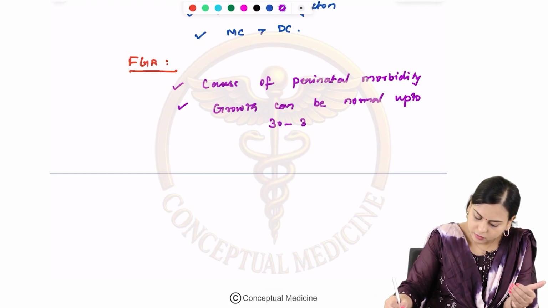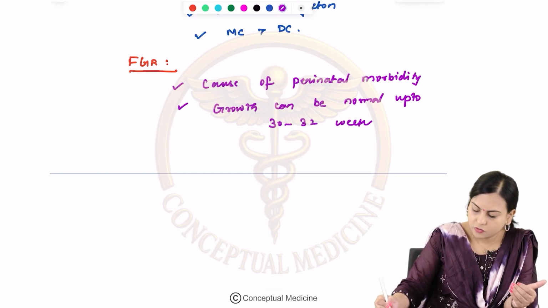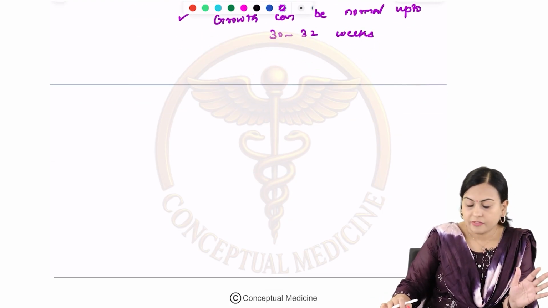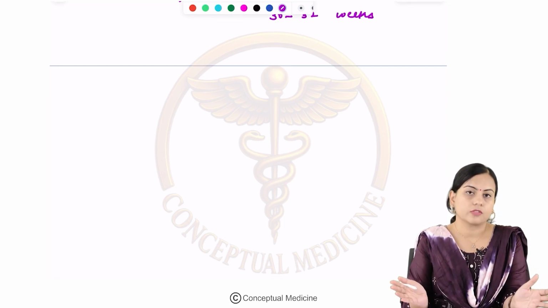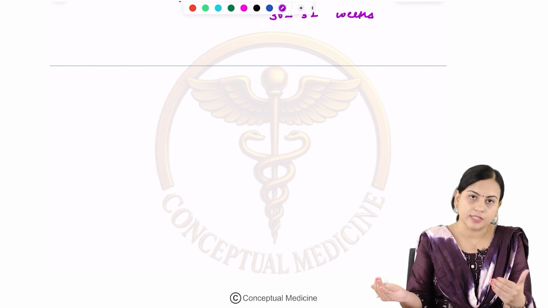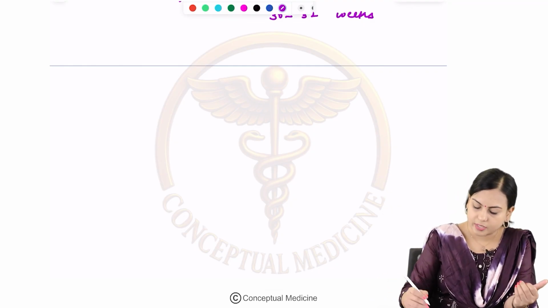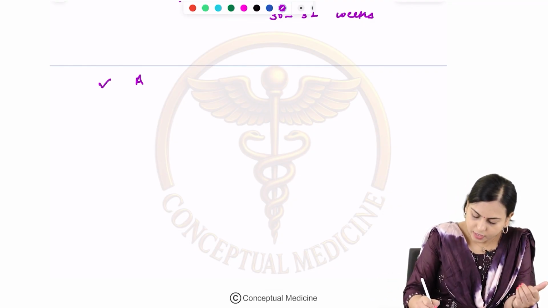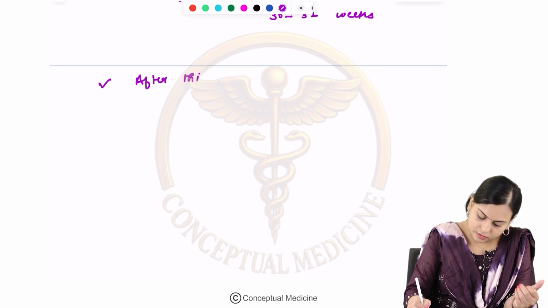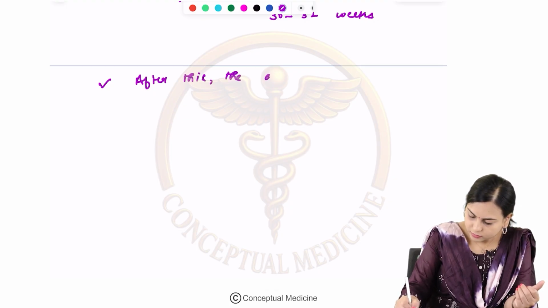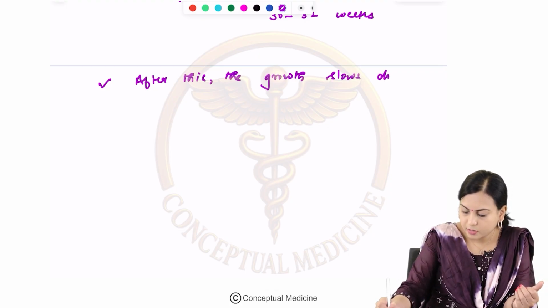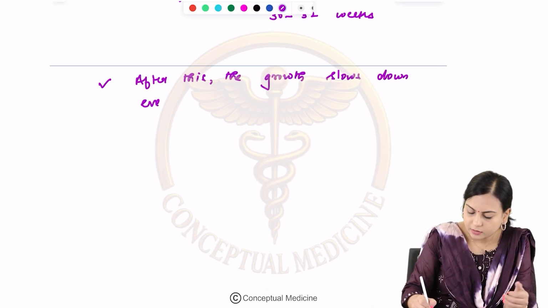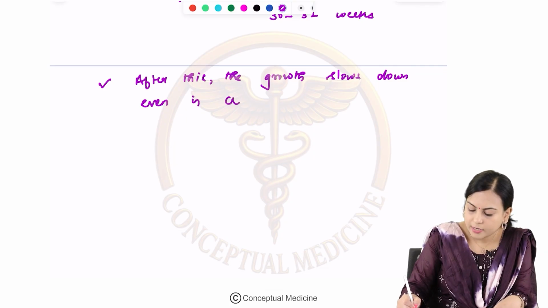After this, even when there is no associated complication with the twin pregnancy, the growth curve will slow down. Can you understand? Yes. So after this, the growth slows down even in uncomplicated twin pregnancies.